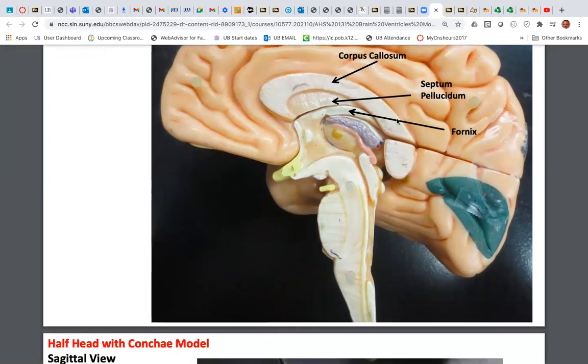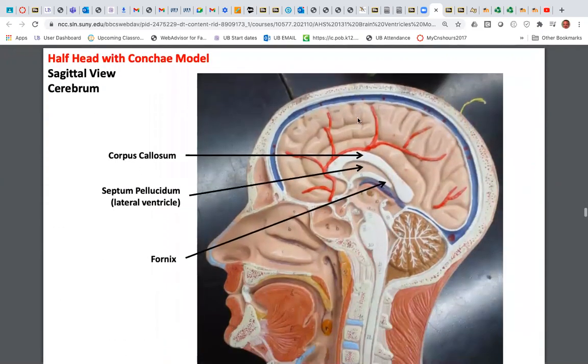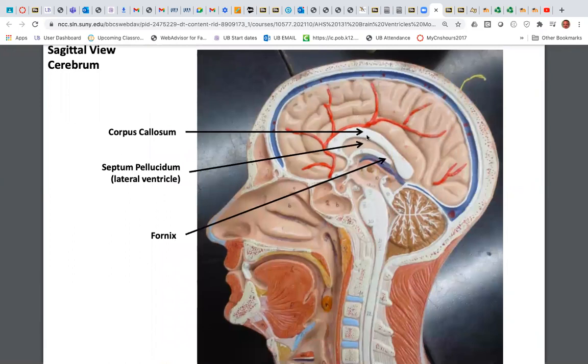This fornix right here, fornix, this is part of the emotional brain. Again, corpus callosum. Here is the separation of the lateral ventricles 1 and 2 by the septum pellucidum. And then here is the fornix.